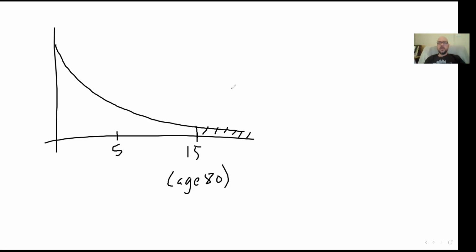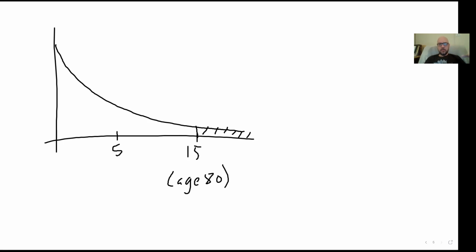So that's just the probability of being over here, which is e to the minus 1/5 times 15, which is e to the minus 3, times the number of people in the room, which is 1,000. So it's really just 1,000 e to the minus 3, which turns out to be about 50.